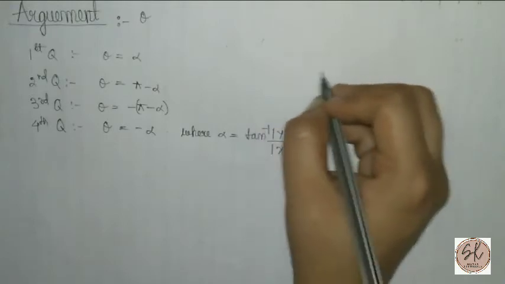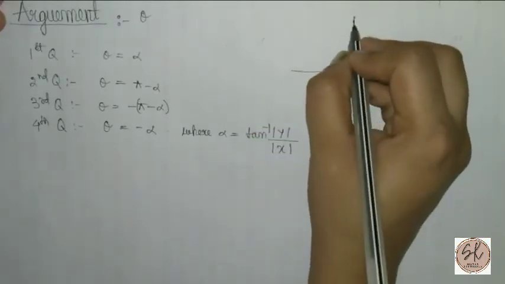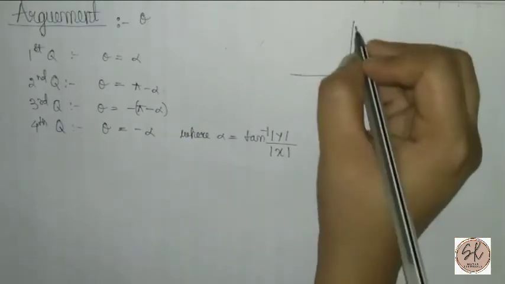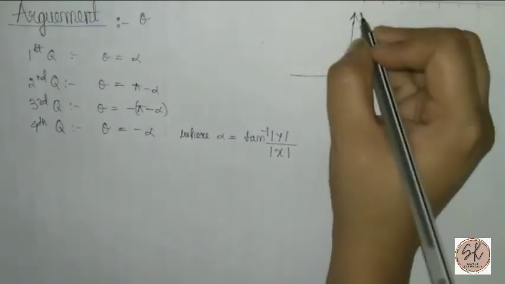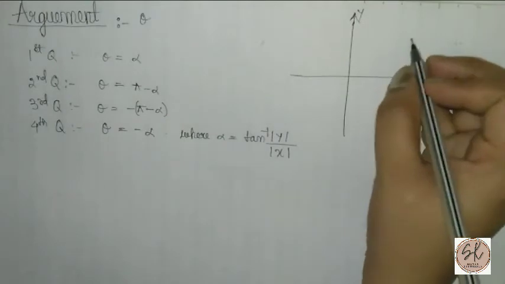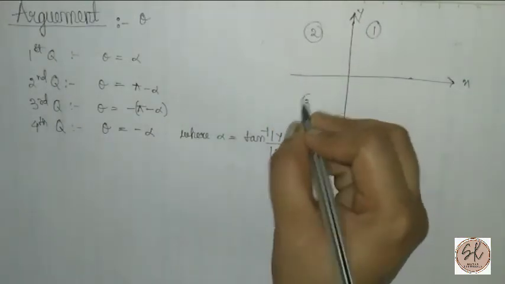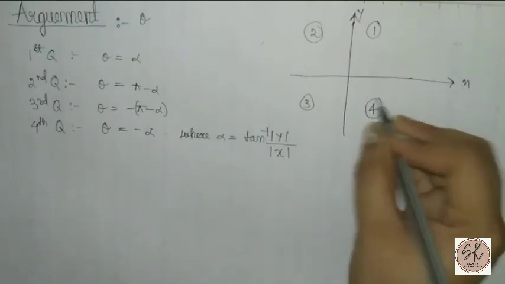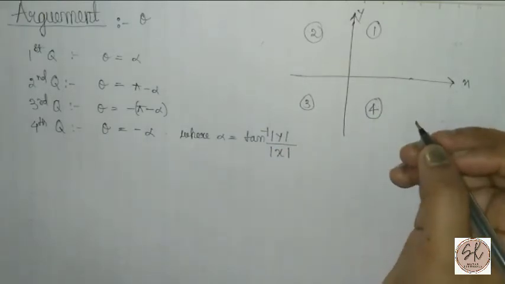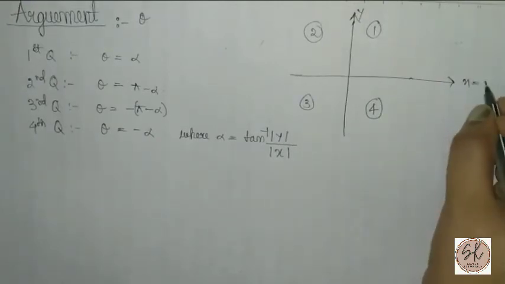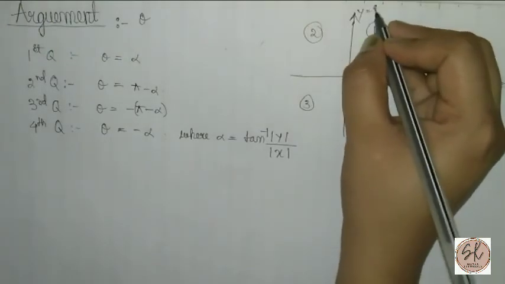Now see here, this is the x-axis, this is the y-axis. Now this is the first quadrant, this is the second quadrant, this is the third quadrant, and this is the fourth quadrant. Okay, now here, this is the real axis and this is the imaginary axis.